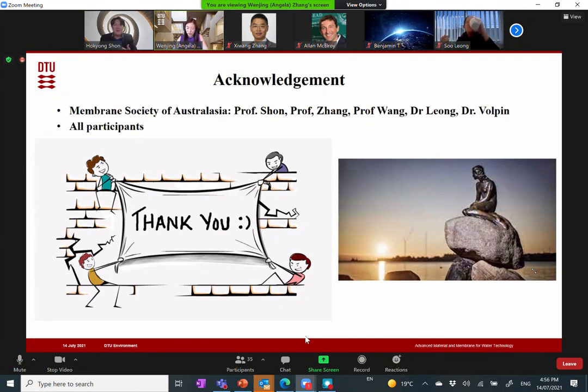So, in your view, how can we overcome this kind of intrinsic problem of the nanofiber, and how can we make it more scaled up and commercialized? What's the best application we can target? What's your opinion?